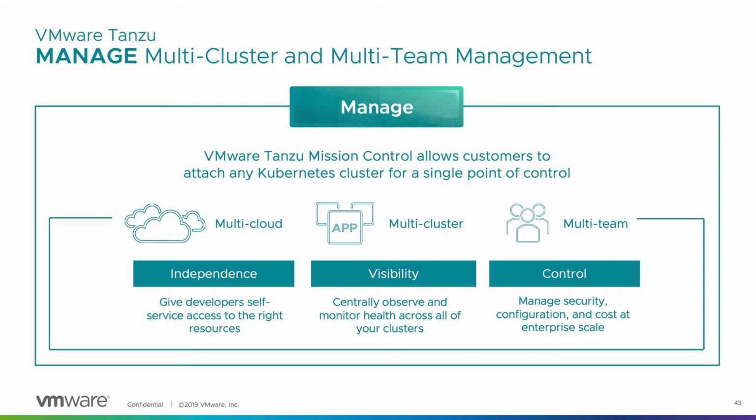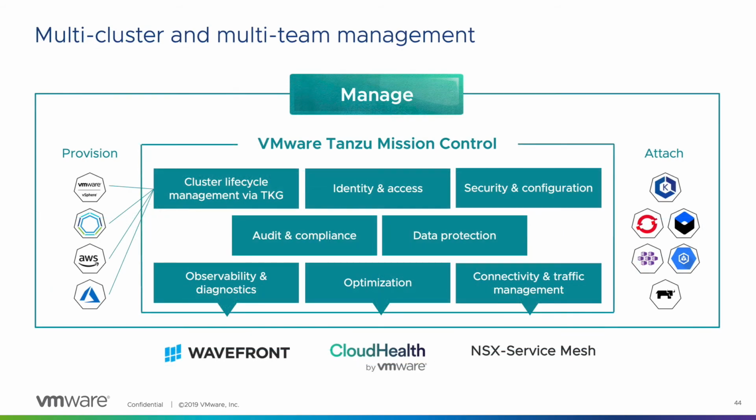So you have multi-cluster visibility, and you can allow multiple teams to come in, and you have this new security context where individuals can apply different policies to different Kubernetes clusters based upon what they're supposed to be doing. So this is really where the managed portion of all this comes in.